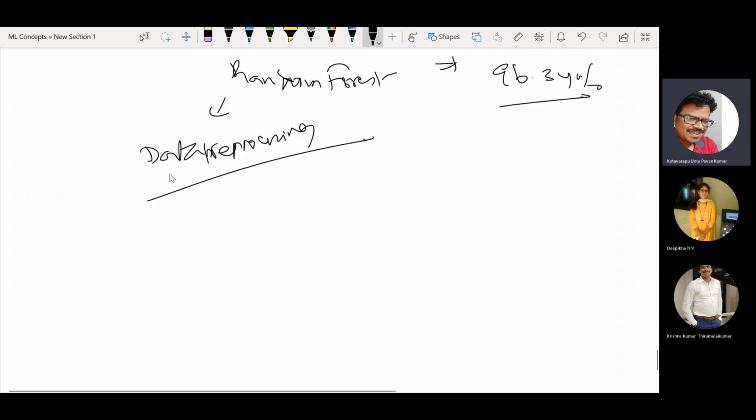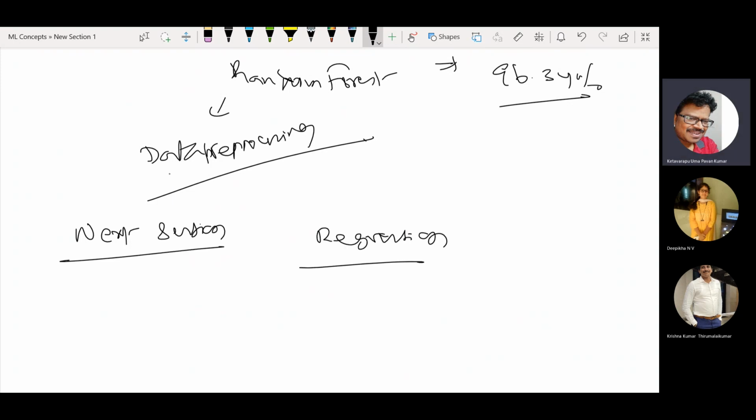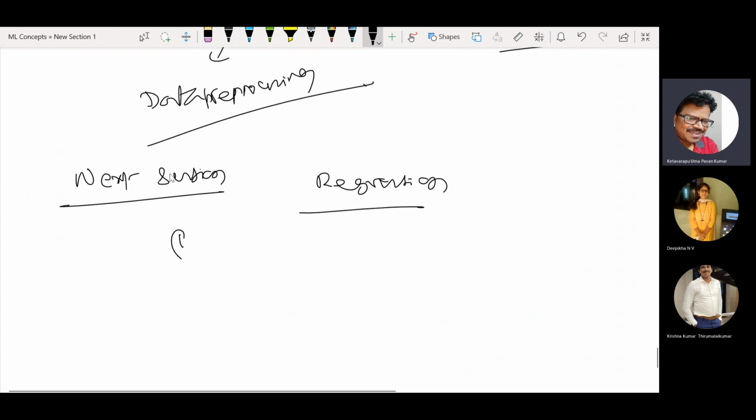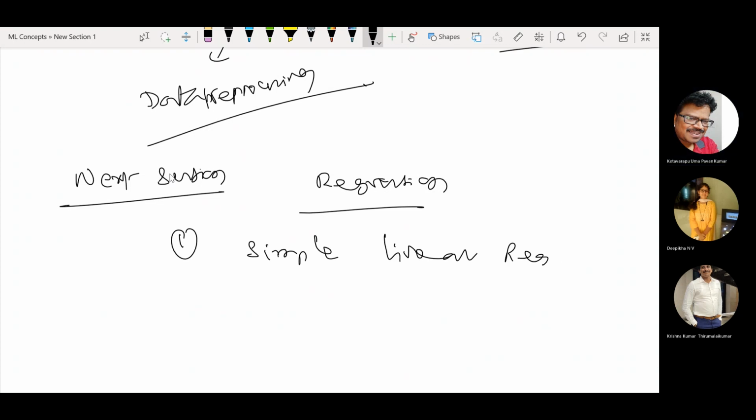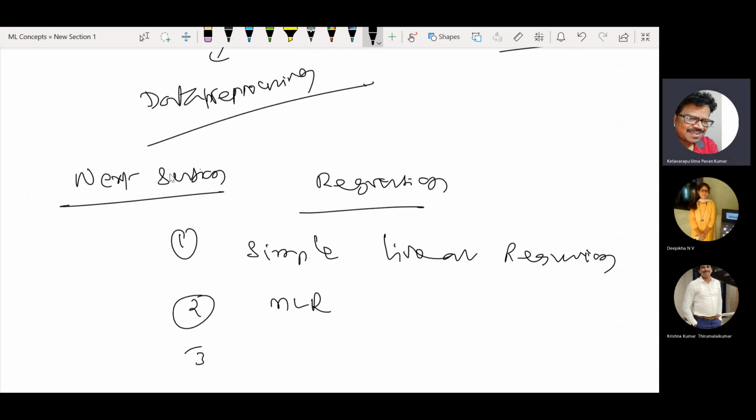And in the next session, what I want to start is the regression trends. In that regression, we'll try to give you the simple linear regression understanding, and then multiple linear regression, and try to give some case study on polynomial.